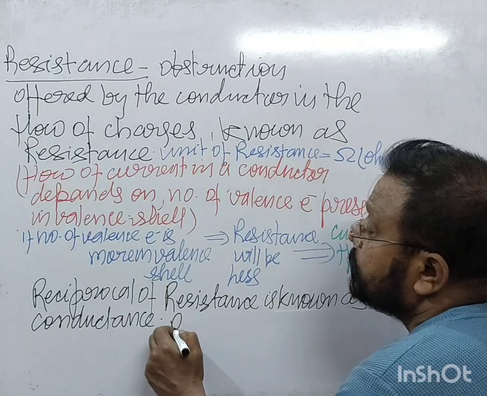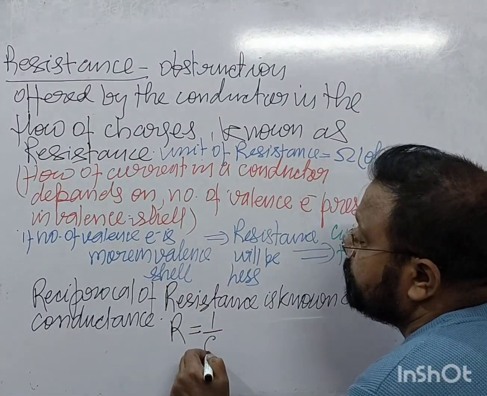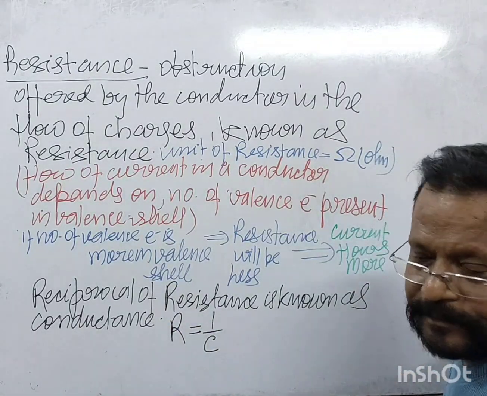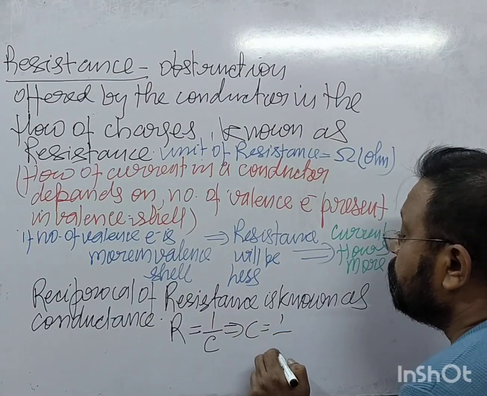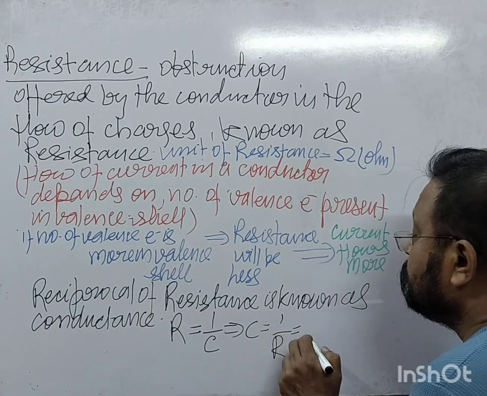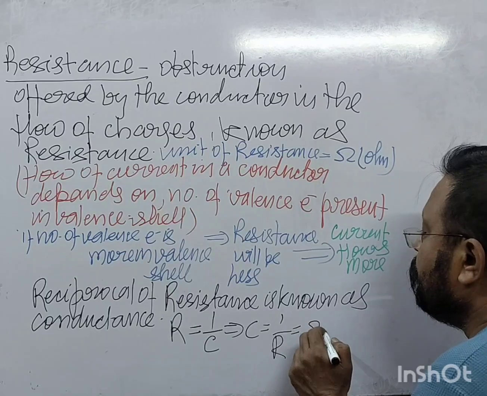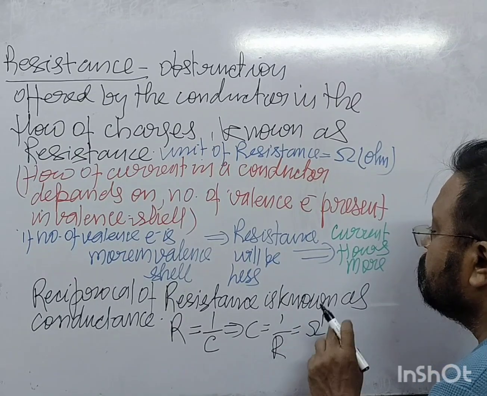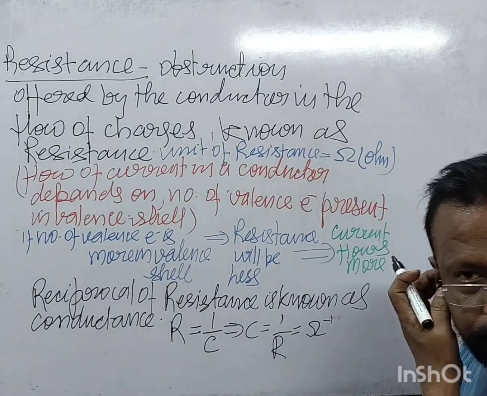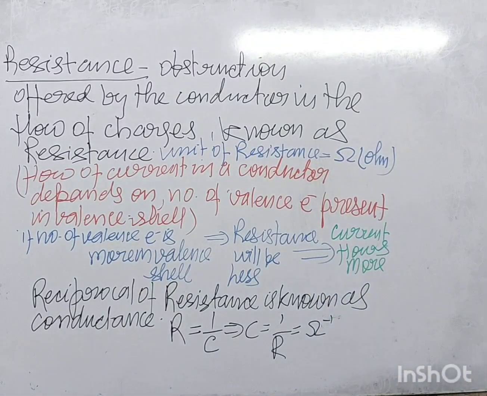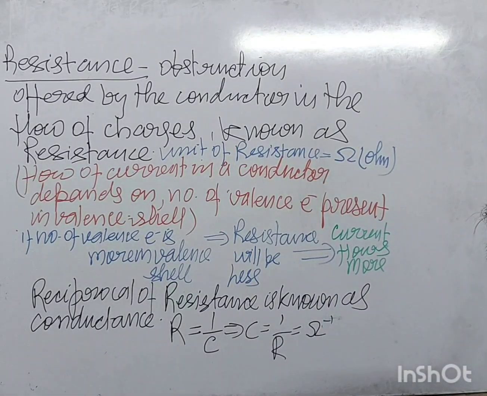So R is 1 upon C, or C is 1 upon R. So the unit is per ohm.